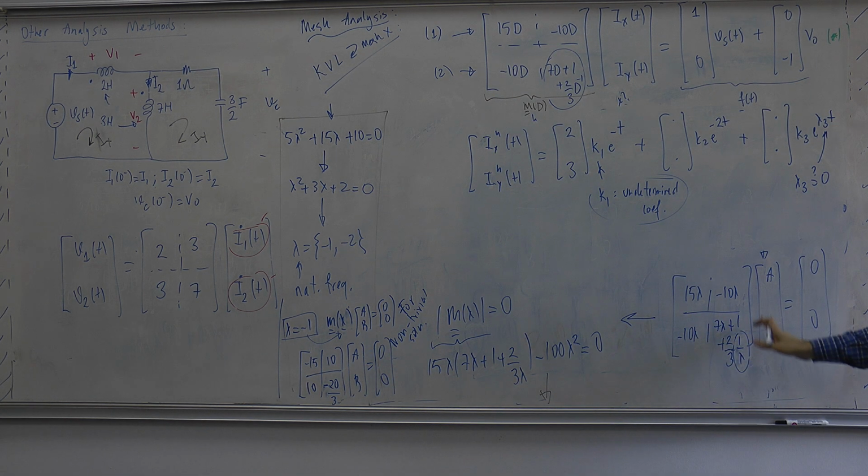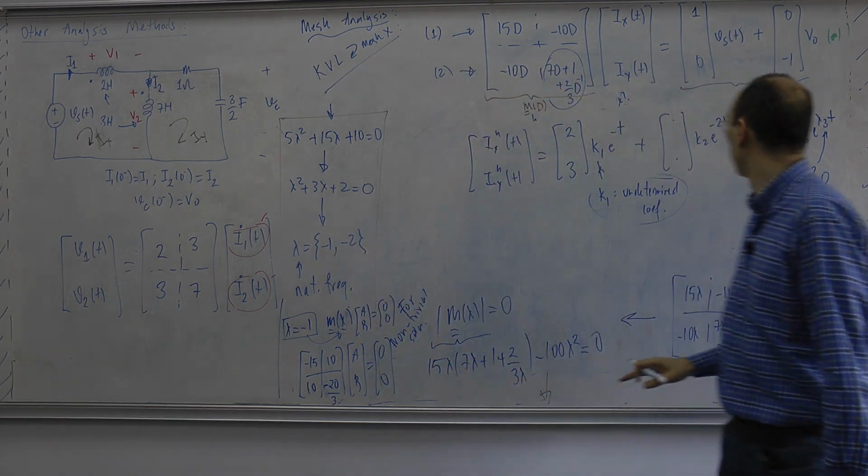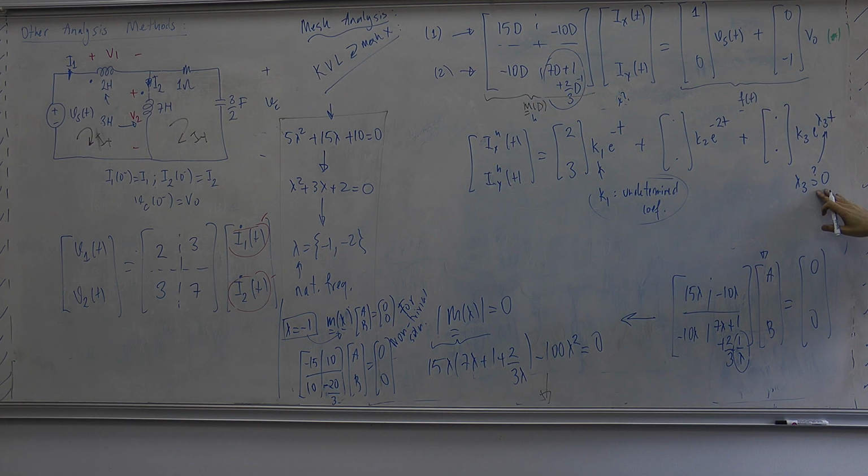You can never find this 0 natural frequency because of this 1 over lambda's presence. So if you do the mesh analysis, you get all natural frequencies which are non-zero. Okay? So you are getting the non-zero natural frequencies, but you may not observe the natural frequencies at 0.